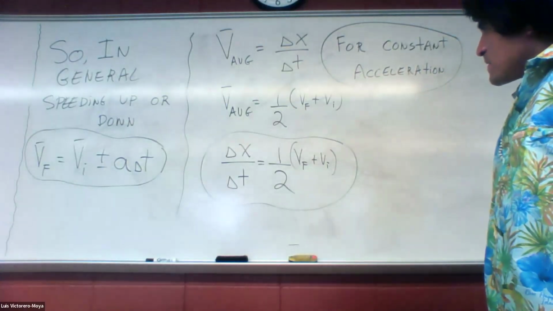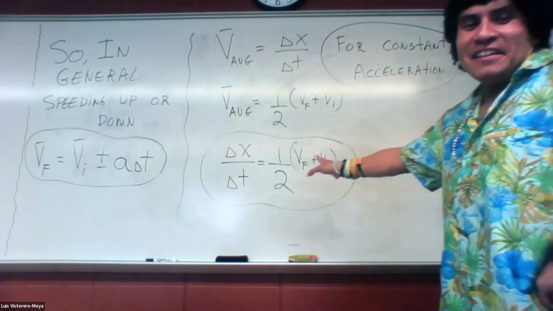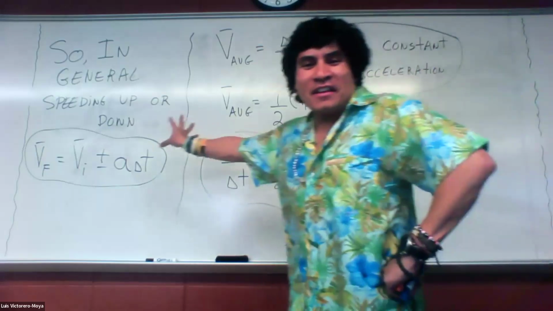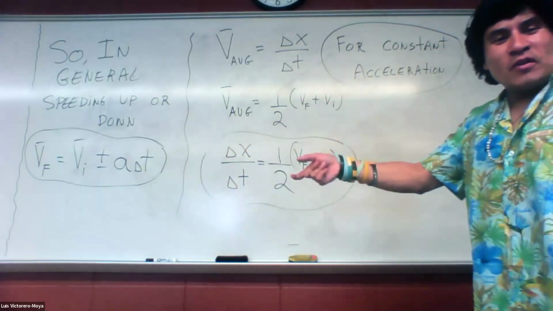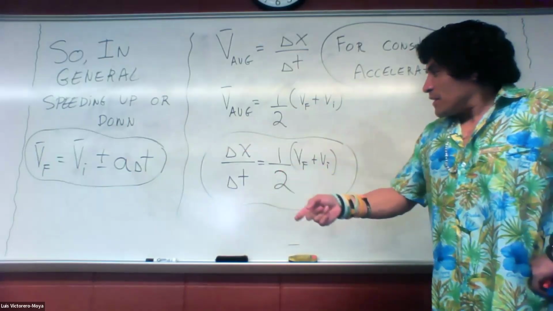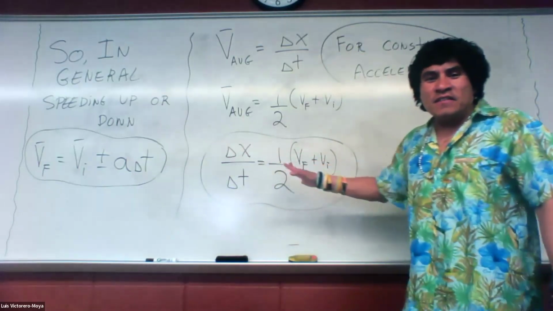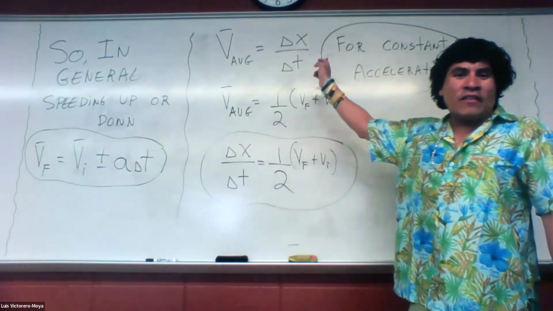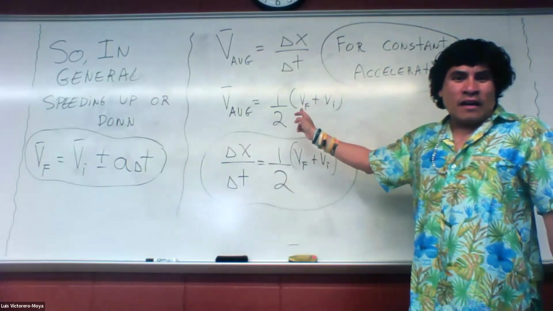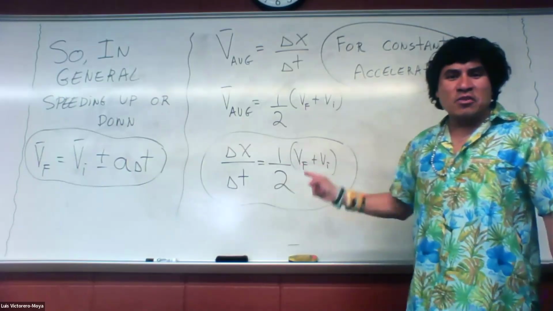And the thing about this is that I can combine this equation and that equation, and I get another equation. This is the definition of acceleration, and this is the definition of average velocity. Using the definition of average velocity for constant acceleration, I get this equation.